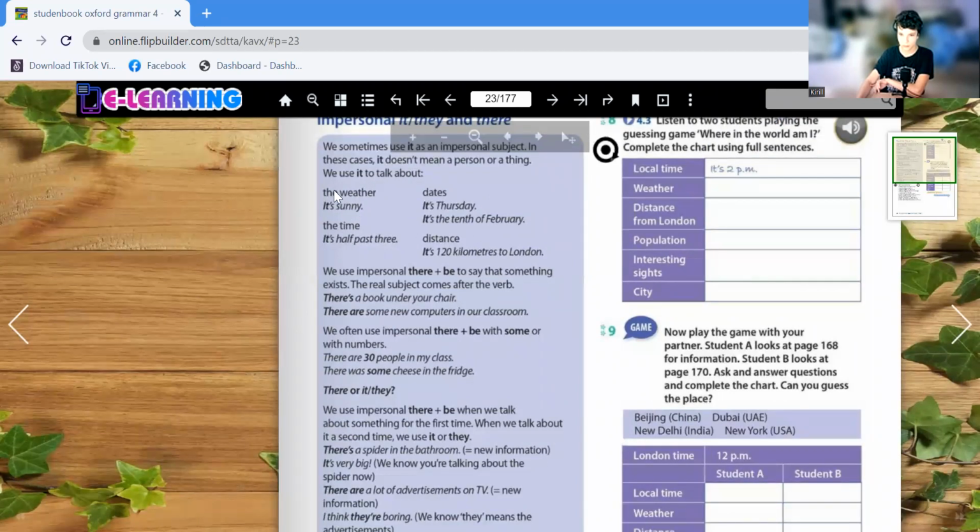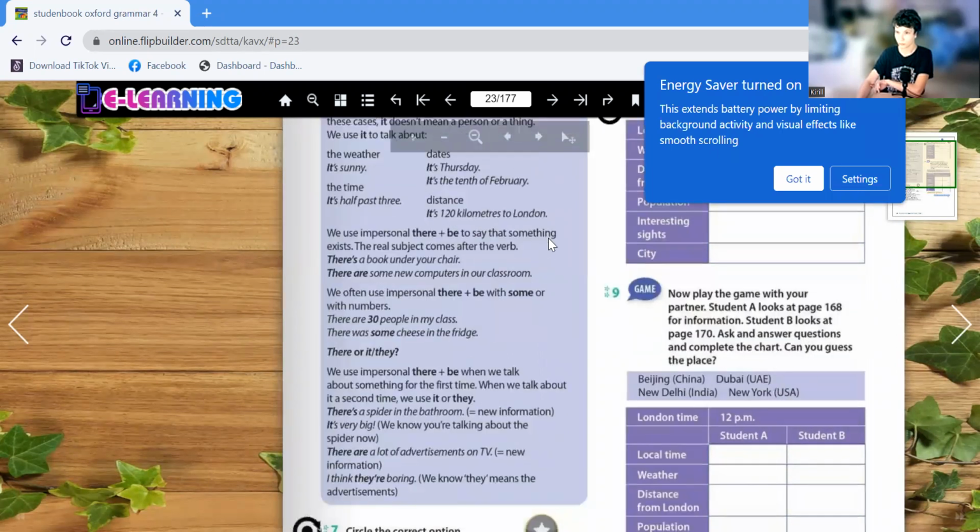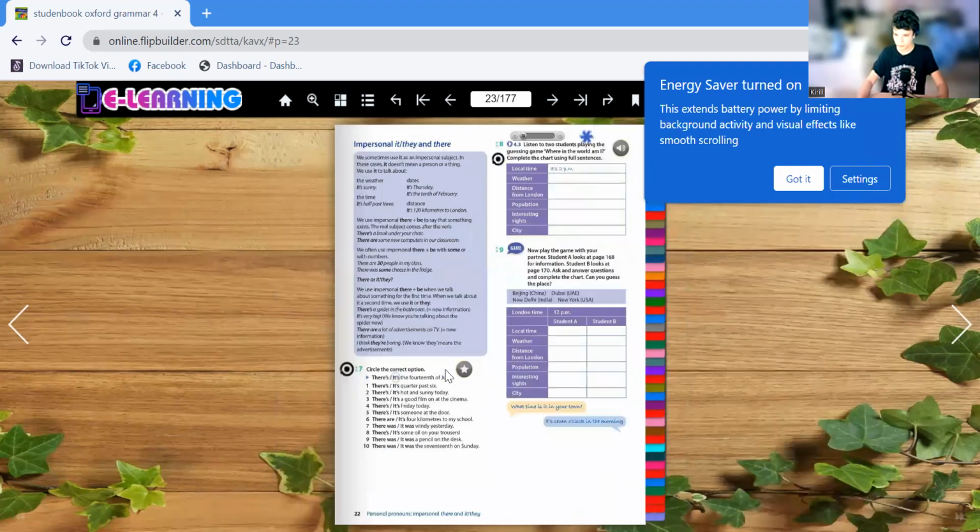If it's about the weather, the time, the dates, distance, you will use it. But if it's something that exists, you will use there. If you are telling about something for the first time, you use there. But if it's the second time or third or so on, you use it or they. Very simple, right?